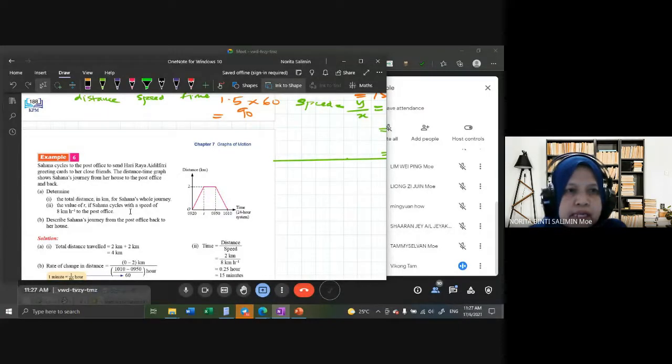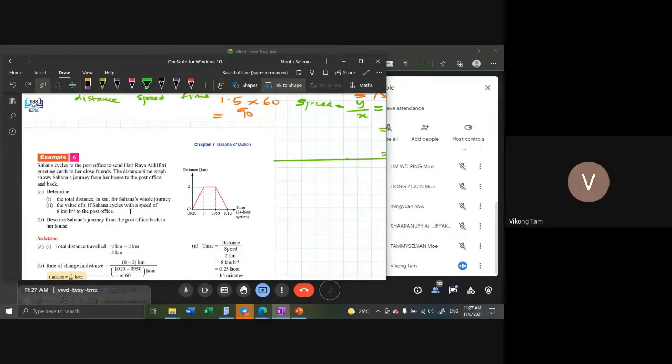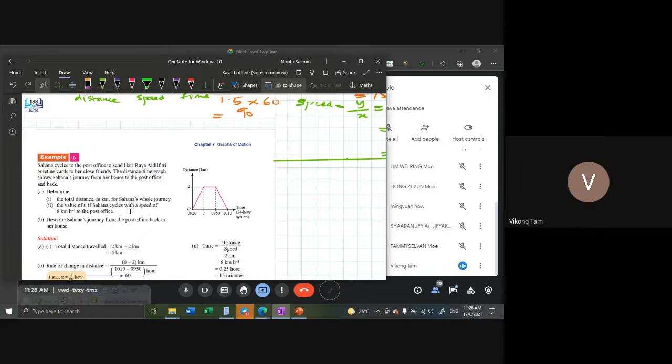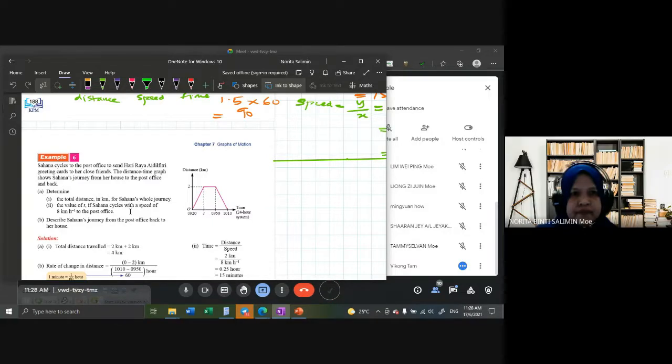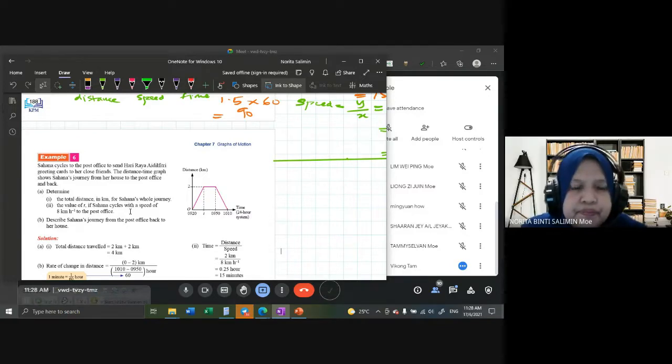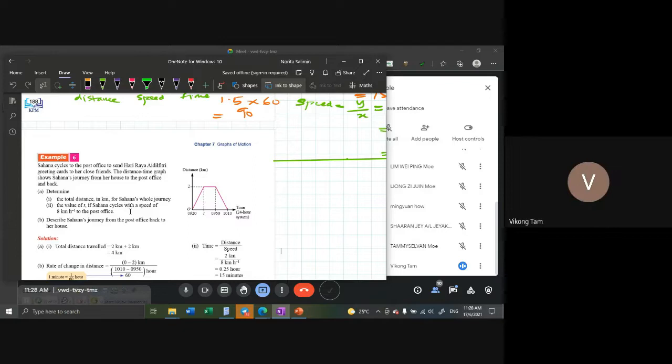Sana goes to the post office to send Hari Raya Idul Fitri cards to her close friend. The graph shows Sana's journey from her house to the post office and back.